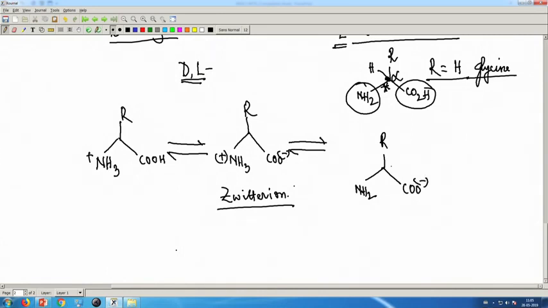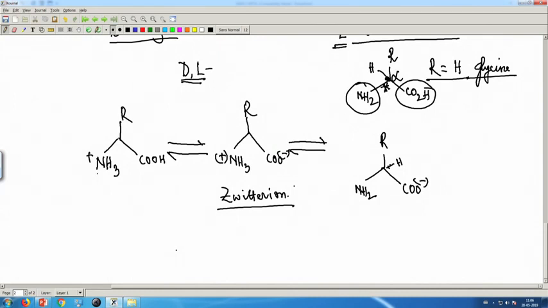After that you do not have any hydrogen to pick up. There is a hydrogen here, but its pKa is far above, so it cannot be abstracted by a simple base as such. These are the two ionizable hydrogens present in the system.